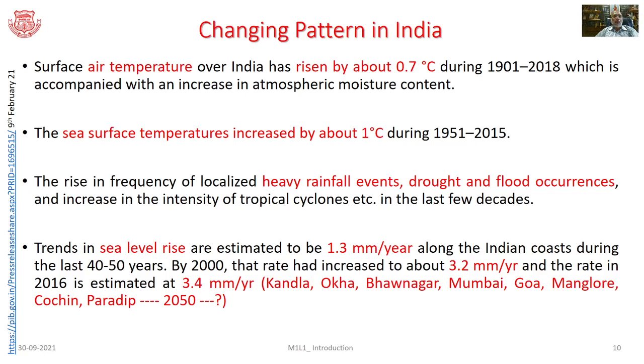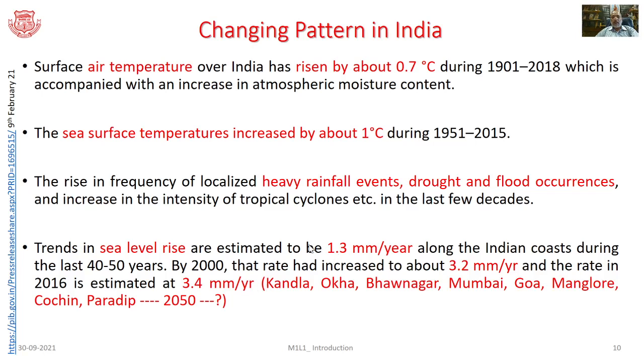Also, the trend in sea level rise is estimated to be 1.3 millimeters per year along the Indian coasts during the last 40 to 50 years. By 2000, that rate had increased to about 3.2 millimeters per year, and the rate in 2016 was estimated at 3.4 millimeters per year.